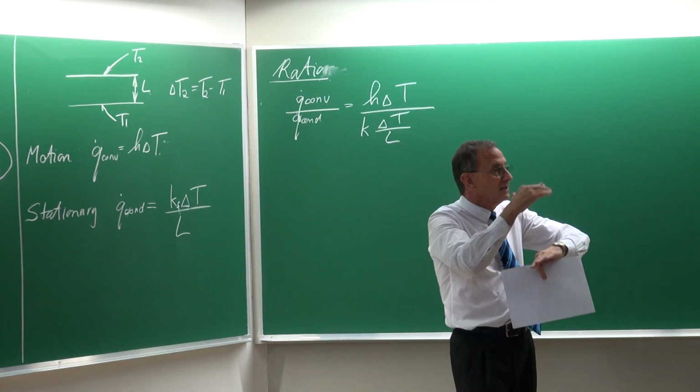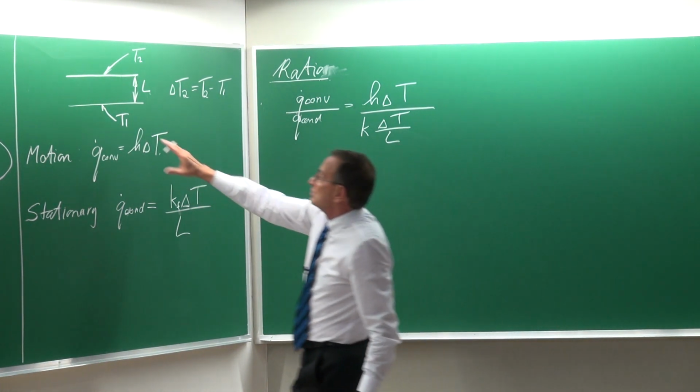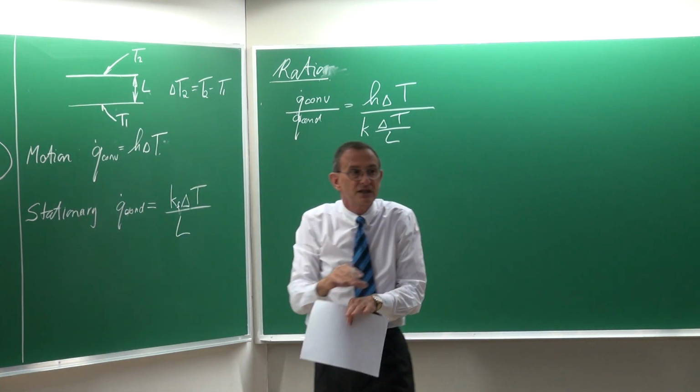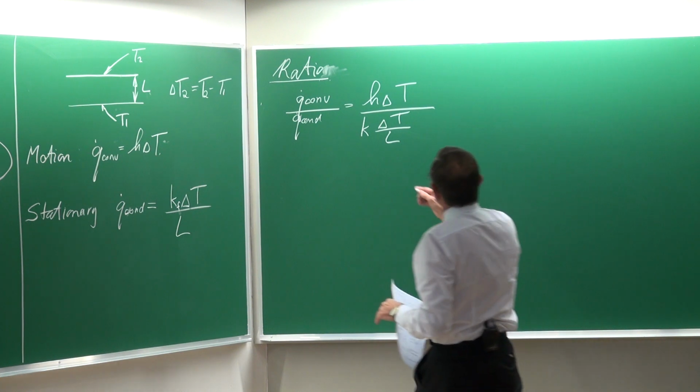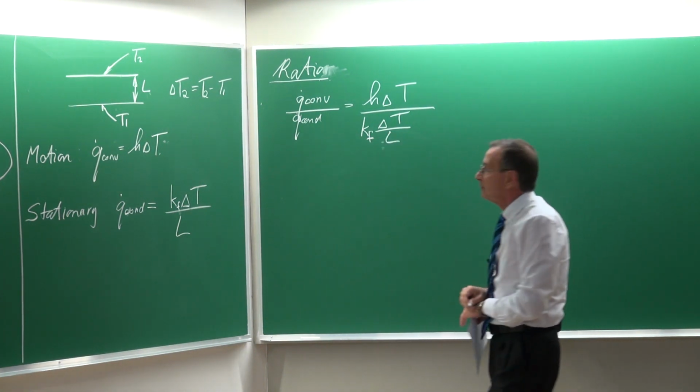We're looking at the heat transfer in the fluid. This is not a solid we've got here at the temperature of T1 and T2. It is two layers of fluid. So you can also write this in terms of Kf.